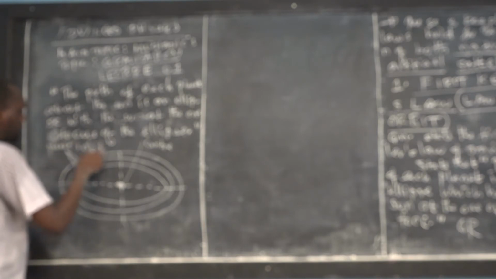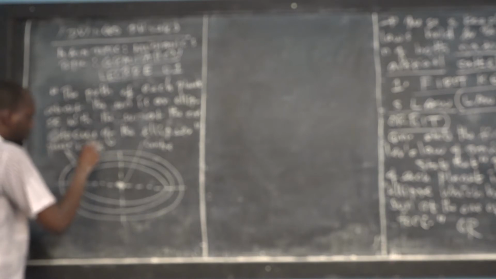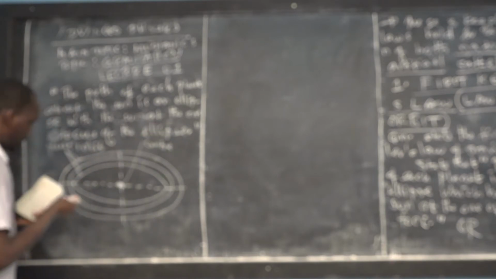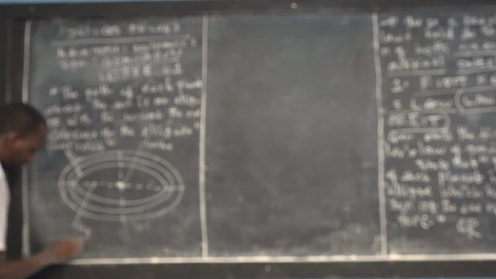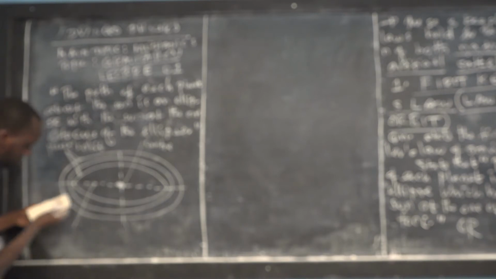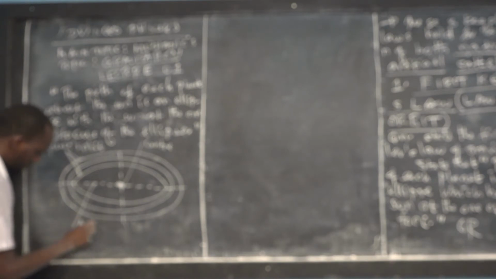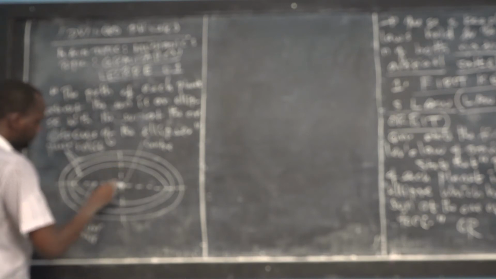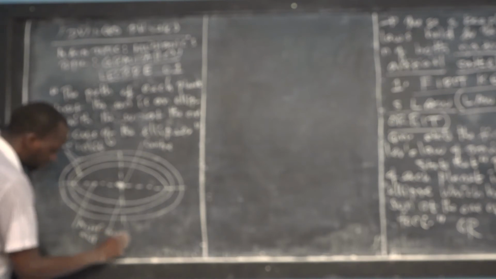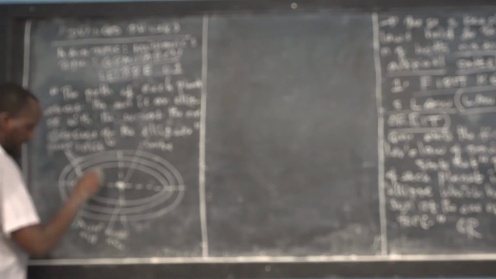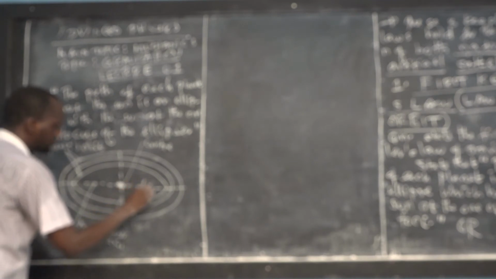Maybe I'm acting like an obstacle to you, but I will leave this place so you can see it labelled correctly. This is the orbit; this we call the major axis, and this one the minor axis. And this is one of the foci where we can find the sun.